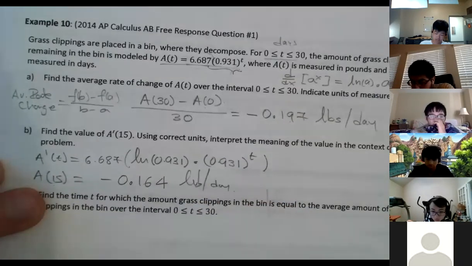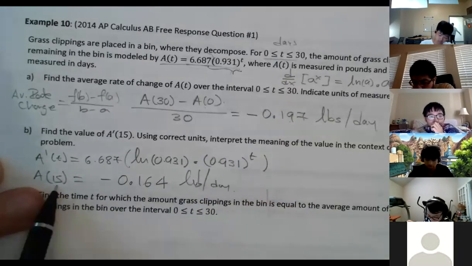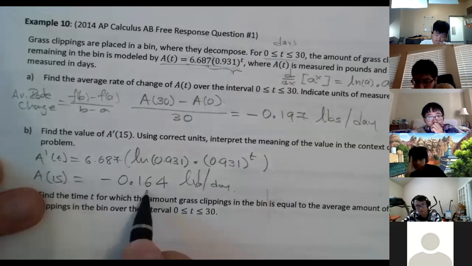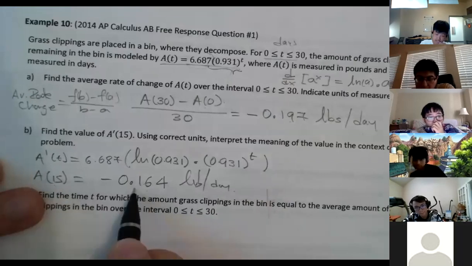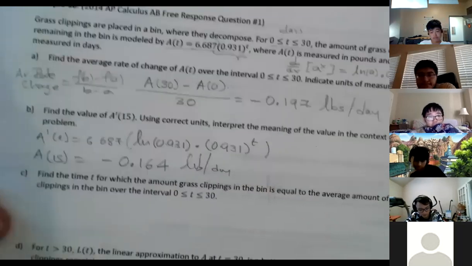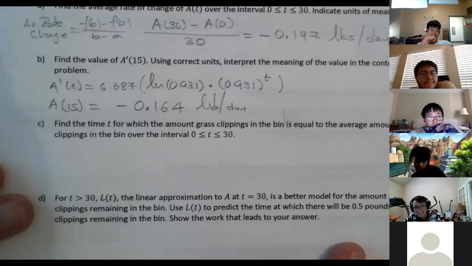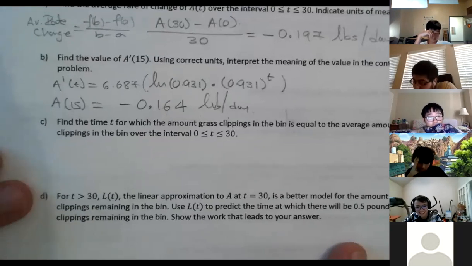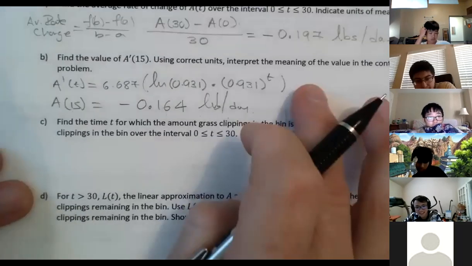So yes, on the 15th day, the grass clippings are decomposing at a rate of 0.164 pounds per day. That's what it means. Now let's look at this other question. Any questions from this? No, sir.